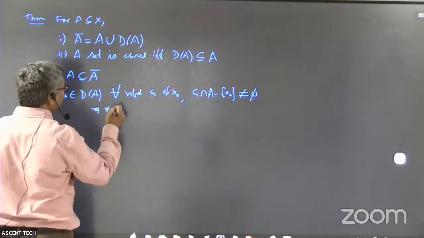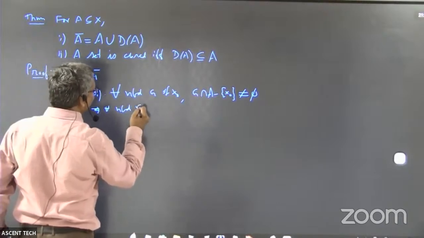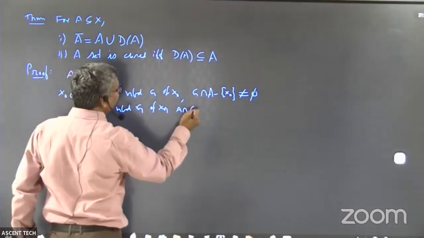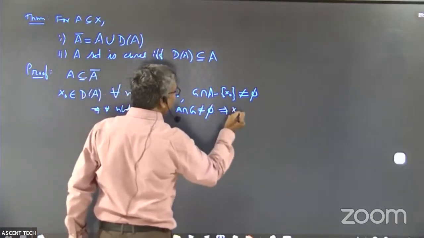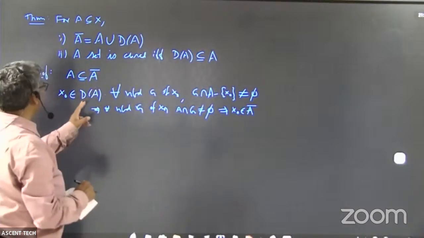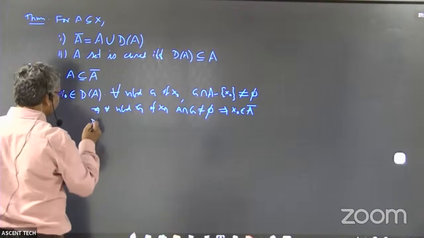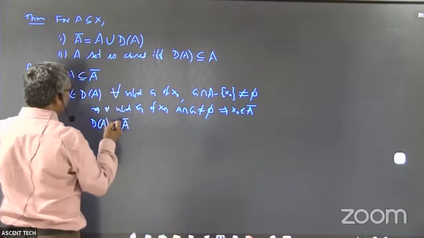For every neighborhood G of X naught, A intersection G is non-empty, which implies X naught is in A bar. So both A is contained in A bar and dA is contained in A bar.